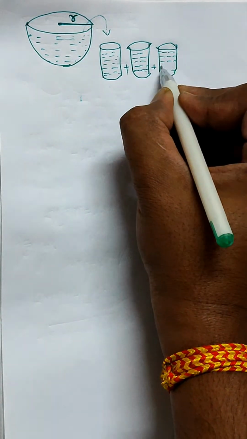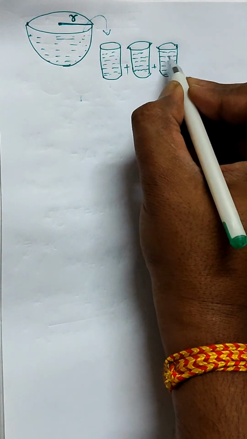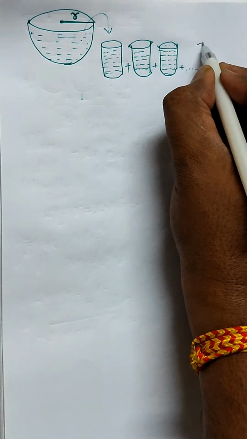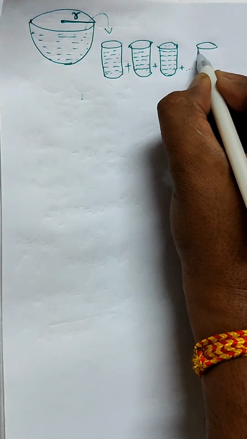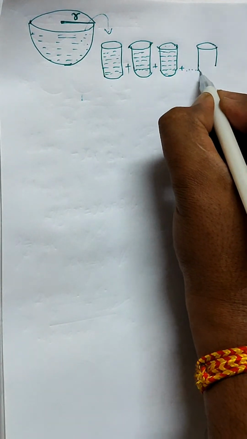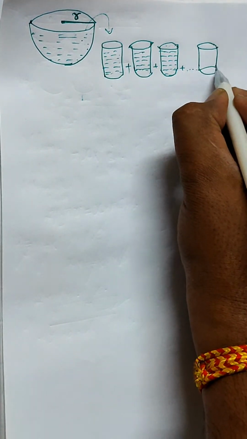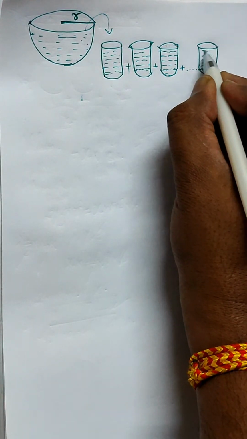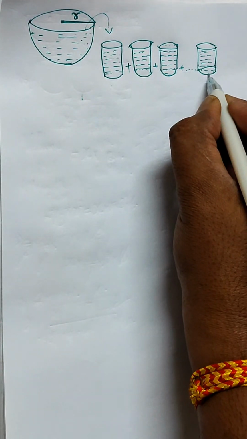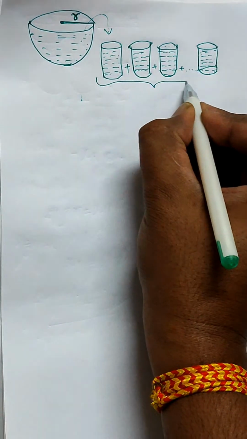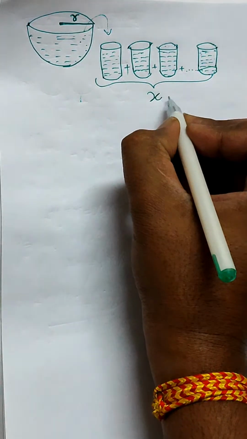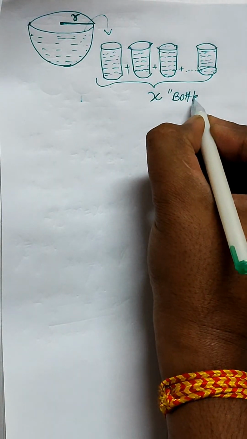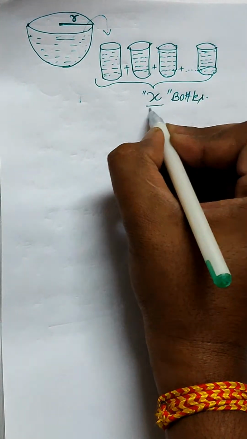Like this, you can see the liquids which are filled into it. And let us say there are such x cylinders required, dot dot dot. So the total number of cylindrical bottles is x.